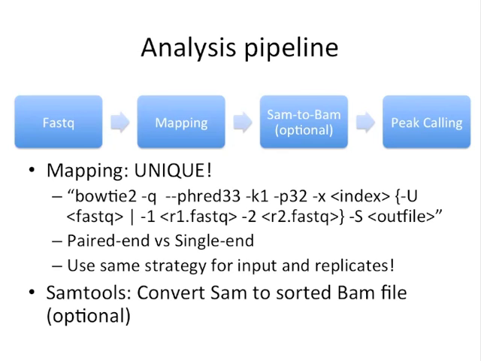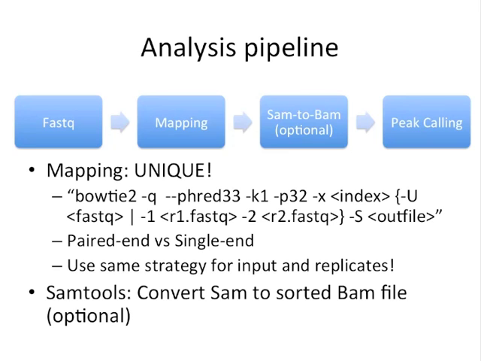And then you must do a -x, which is your Bowtie index file, which you learned how to make earlier in this class. The next thing you want to do is put in your input files. If you have only one input file, so it's single end, you do a -U. However, if you're using paired end data, which is common a lot of times for ChIP-seq as well, you have to map as paired end, so -1 and -2, and then give it your out file, which is your -S.